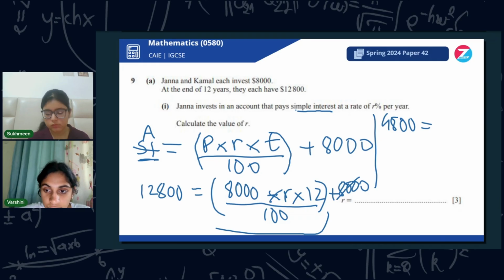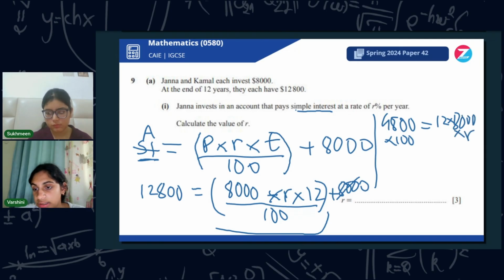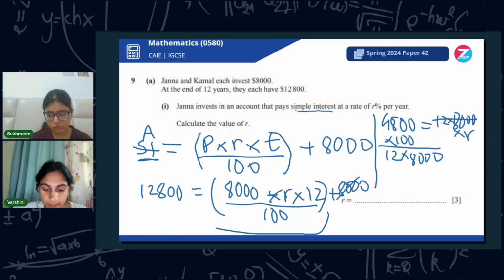So 4,800 into 100 equals 12 into 8,000 into r. To have just r on the right hand side, we divide both sides by 12 into 8,000. So that's going to be 4,800 into 100 divided by 12 into 8,000.